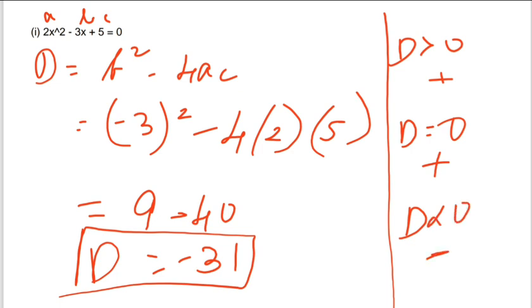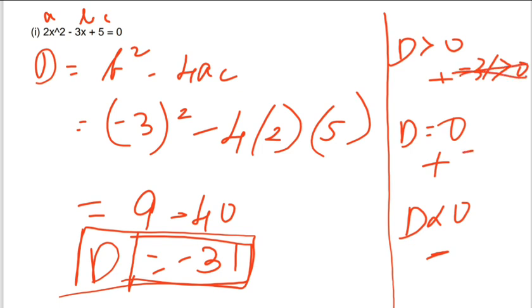So here the answer is in minus sign. You just apply the numerical value you got for the discriminant and then see the value. D is greater than 0 for the first condition, that is, is minus 31 greater than 0? No, it is wrong. Minus 31 is less than 0. So the first condition is not satisfied.